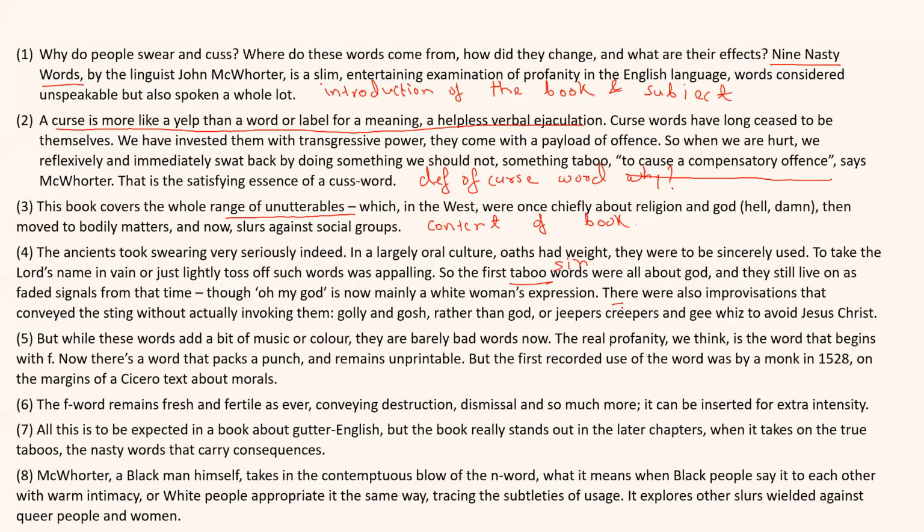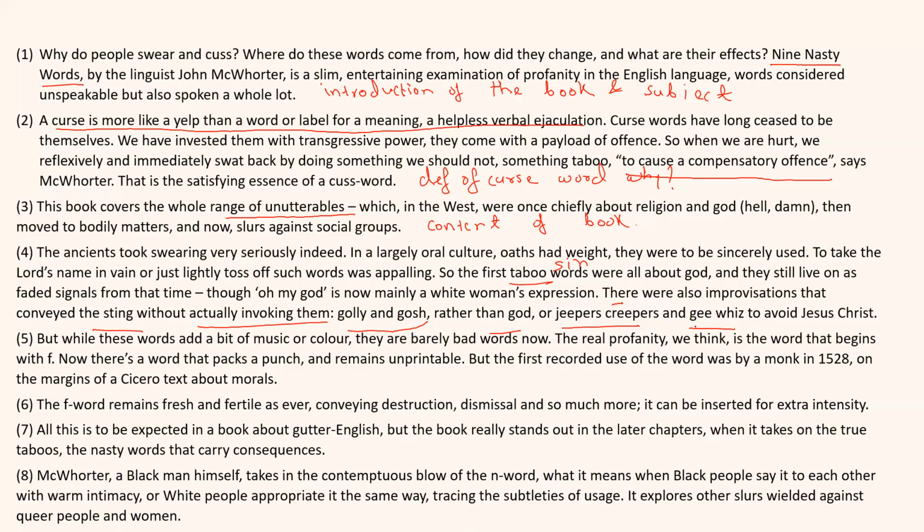Then it goes on to say there were also improvisations that conveyed the sting without actually invoking them. So rather than using the word God directly, the passage says that if you have to use it as a curse on someone, there were substitutes that were used. Golly and gosh for God, jeepers and creepers for Jeeves, to avoid Jesus Christ.